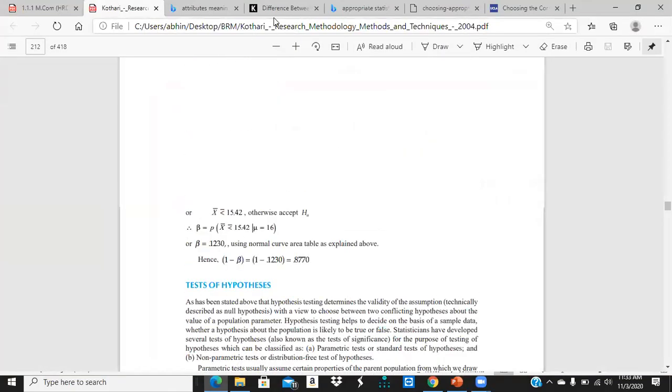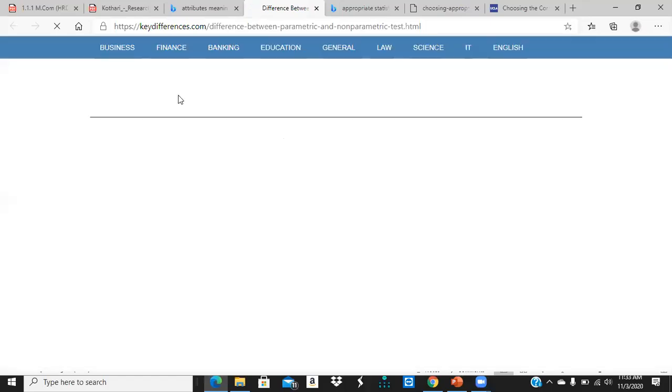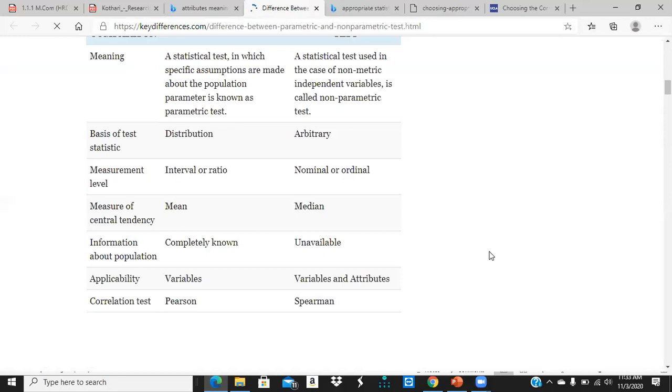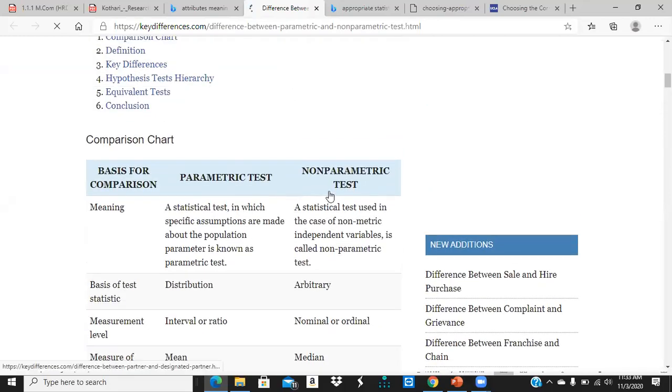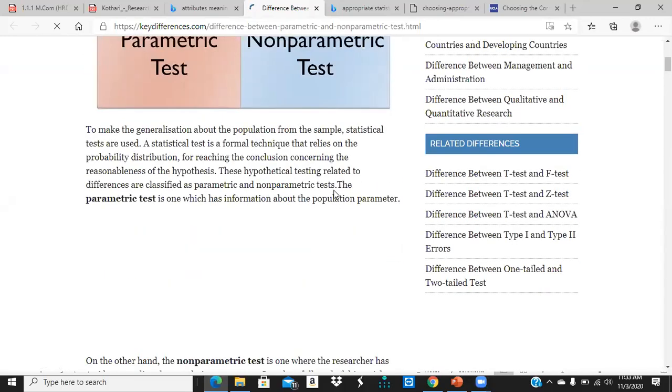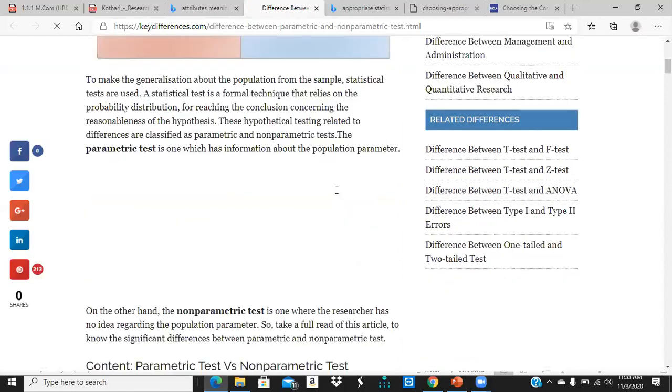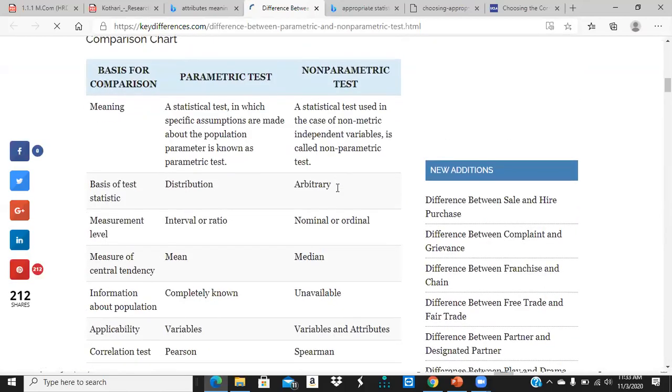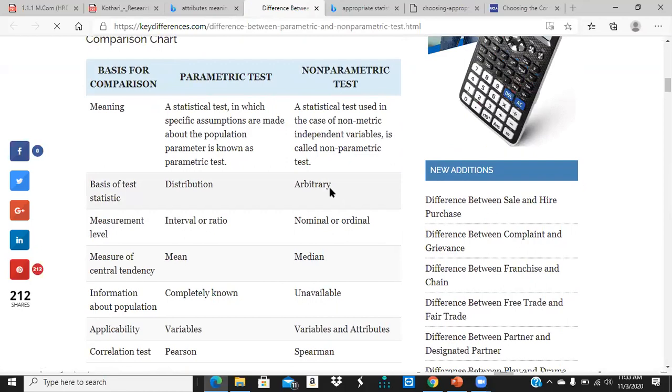Look at the difference between a parametric test and a non-parametric test. Here some basic differences are given. The first one is the meaning.